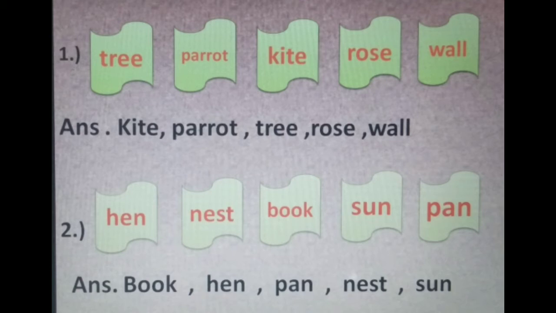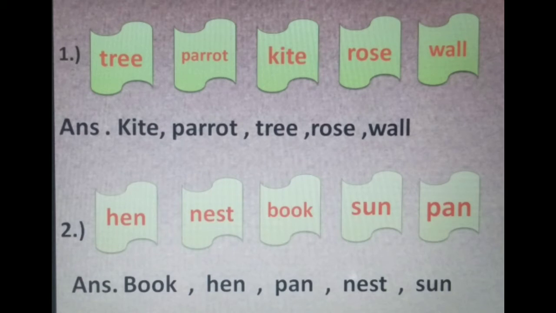Now, which letter comes first? In these words, the first letters are T, P, K, R, W. Then which letter comes first? Let's see. A, B, C, D, E, F, G, H, I, J, K. Yes, then which word do we have to write?